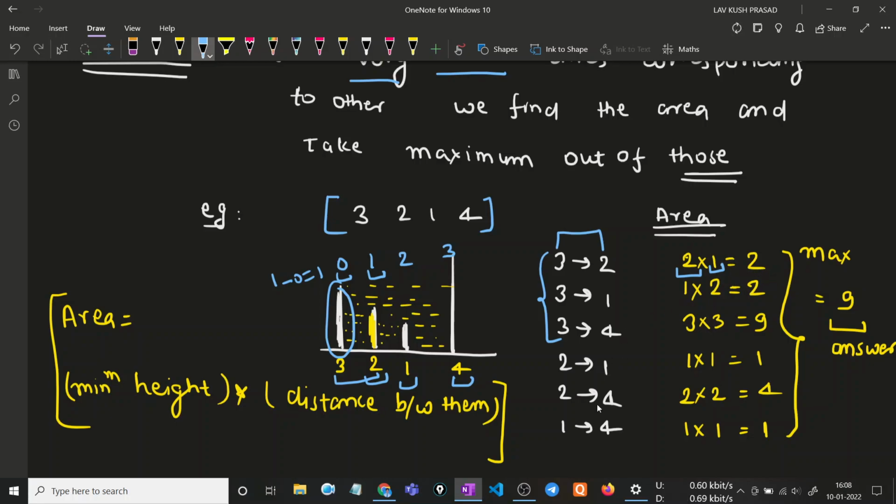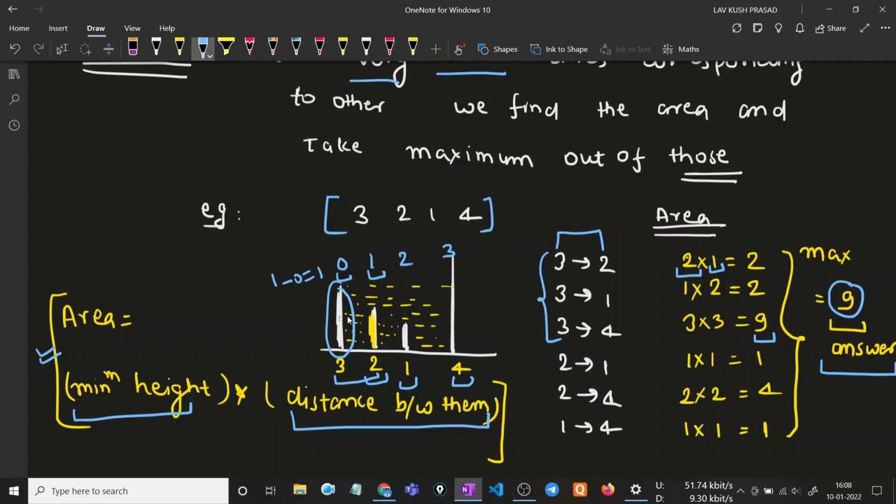So similarly for all the verticals, all the vertical heights we have given, what can I do? We can take the maximum, and here the maximum is 9. So 9 is our required answer. This is the formula of area: we take the minimum height and multiply with the distance between them.